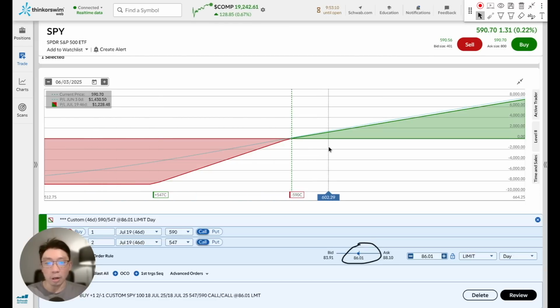The P&L is actually showing you that you get a gain of about $1,000 as well, and actually even more today itself. So the blue line actually tells you your P&L today, at the point of time where you put it on. You can see that at the time you put it on, you have about $1,200 in profit, and at expiration you have about $1,000. We have slightly more profit today because the extrinsic value has not decayed yet. So that's exactly what I mean by the extrinsic value decaying over time.